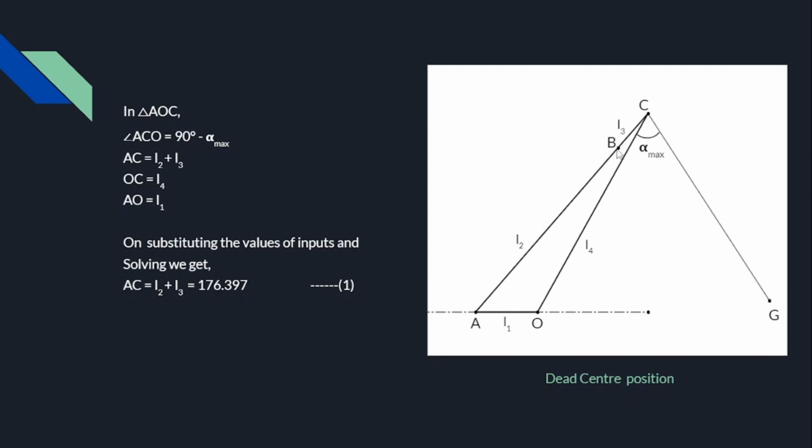This is possible because the door, which is a rigid link, is BCG, and the angle made by BC with CG is 90 degrees. So the angle here is obtained by 90 degrees minus alpha max.